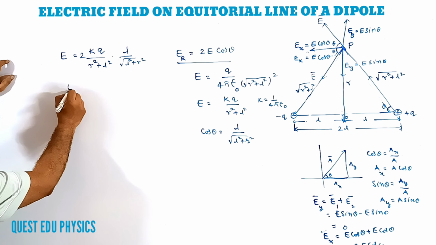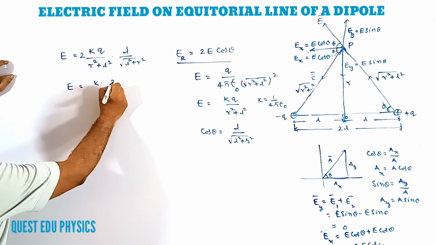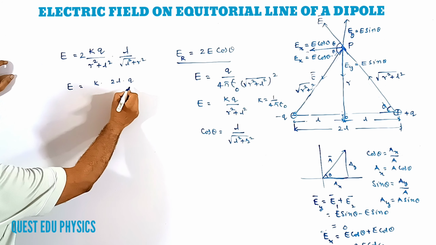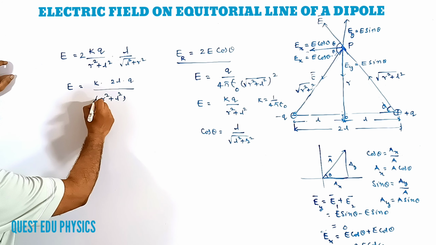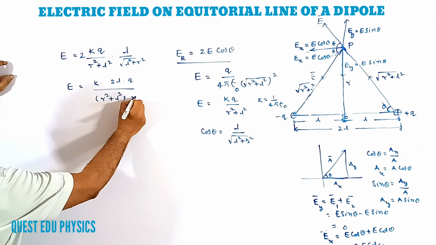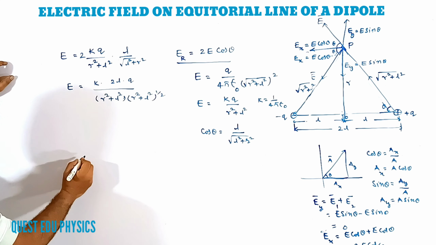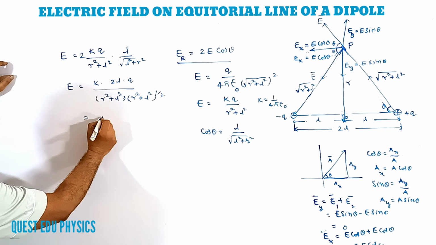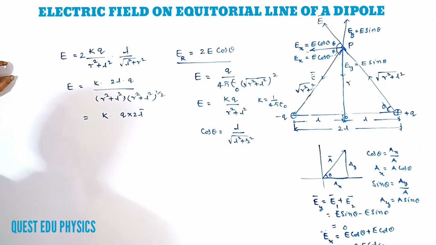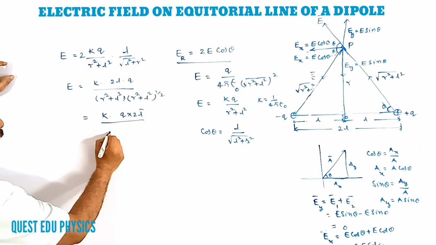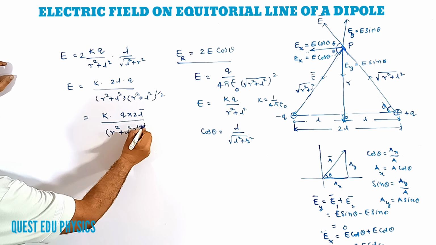And also it can be written as E is equal to K into 2L into Q by R square plus L square into R square plus L square whole to the power of half, and it can also be written as K into Q multiplied with the 2L by R square plus L square to the power of 1 plus 1 by 2.